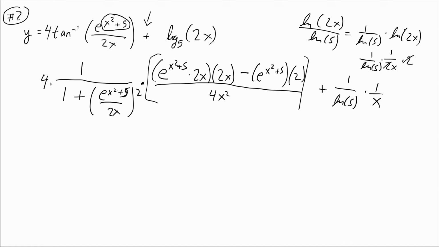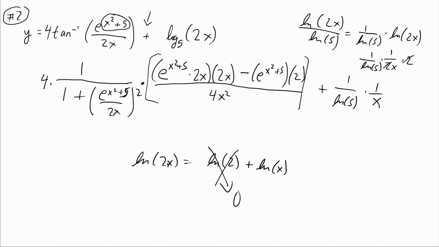Sure, that's great. But you could also remember that the natural log of 2x is equal to the natural log of 2 plus the natural log of x. What's the derivative of natural log of 2? That's a constant. We put a constant number into a function, and we get a constant output, right? The derivative of this part is just 0.